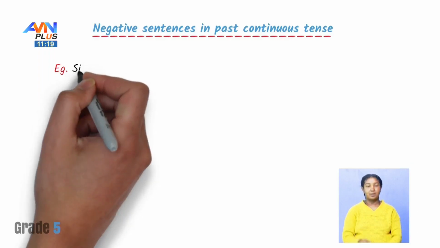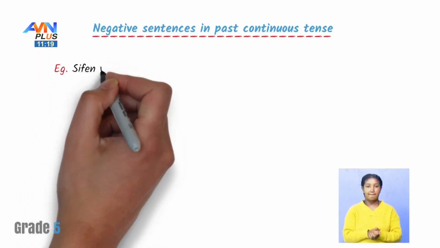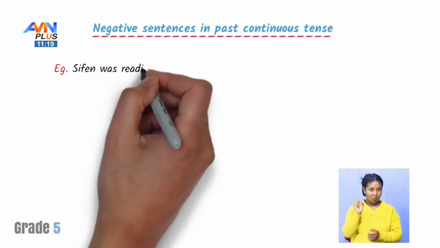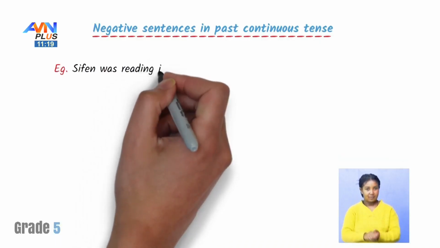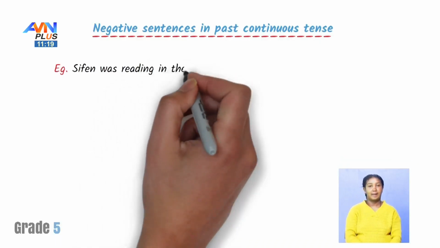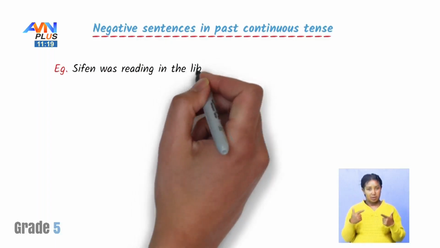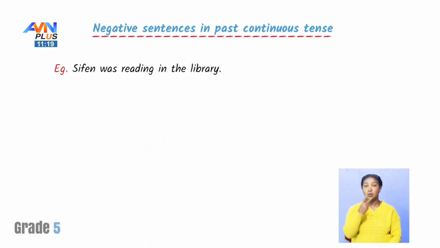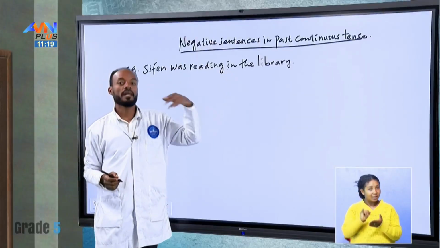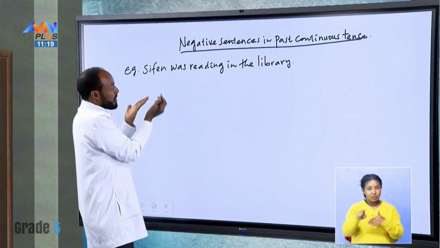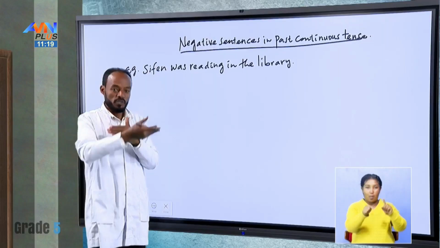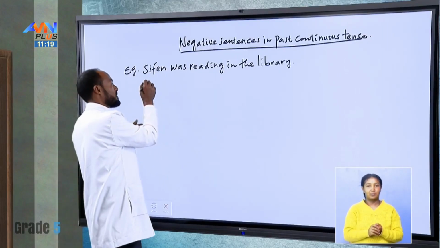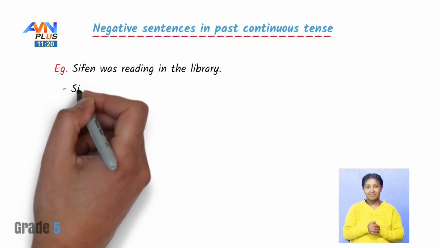We can say here, Stephen was reading in the library. Look, Stephen was reading in the library. So, how can we change this sentence into negative form? Bravo. Come on. Subject should be here.